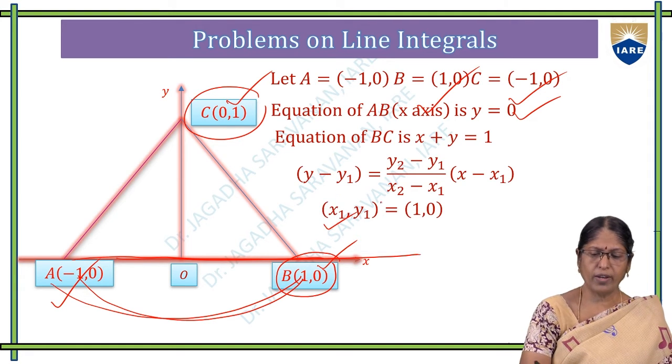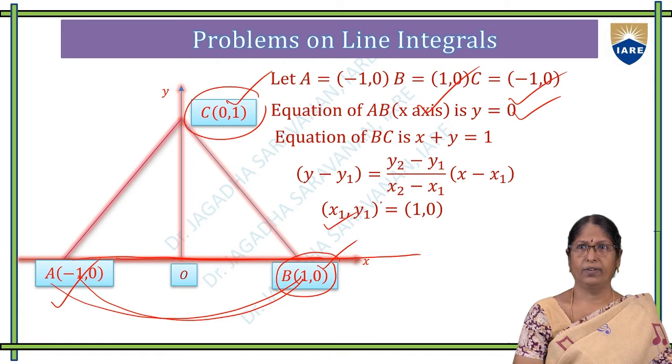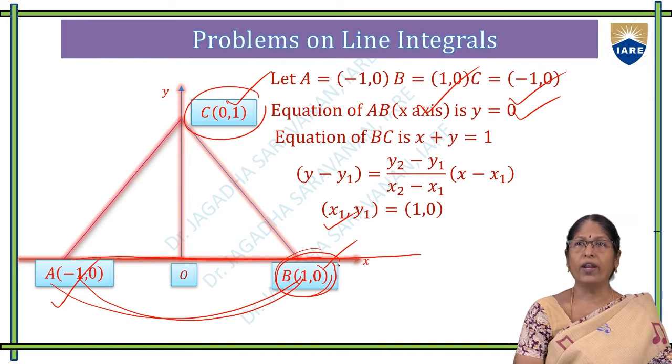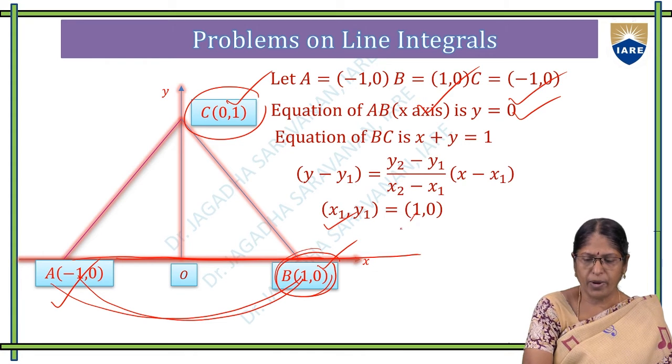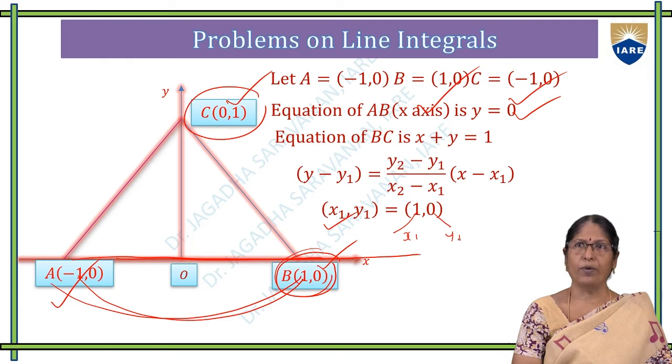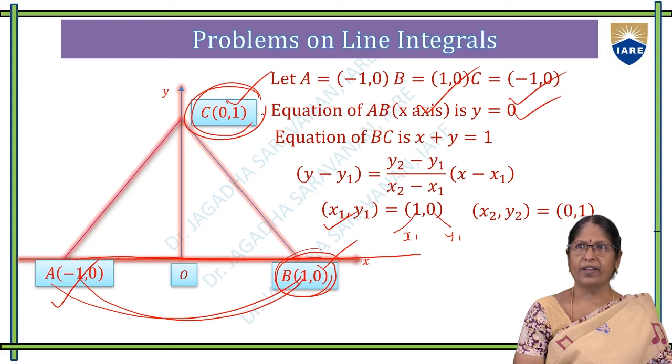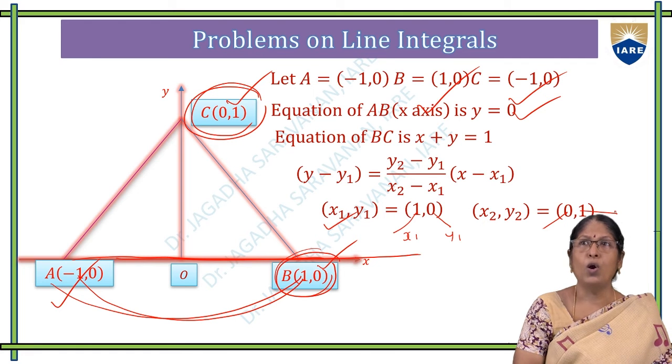So x1, y1. Here we have taken our B of 1, 0. This is playing the role of x1 and this is playing the role of y1. The next one, the C point, that is 0, 1. This is playing the role of x2 and this is playing the role of y2.